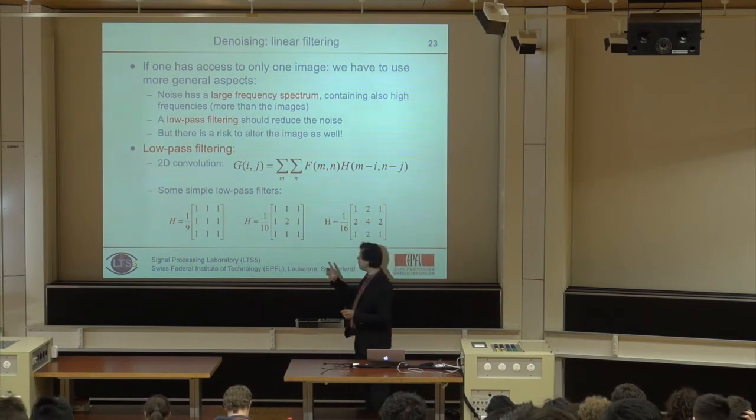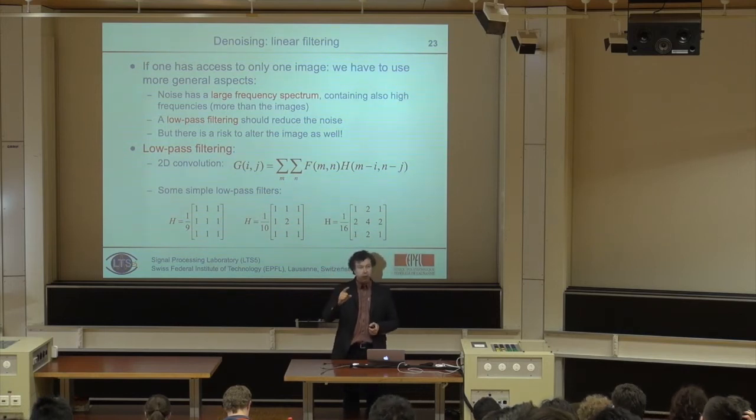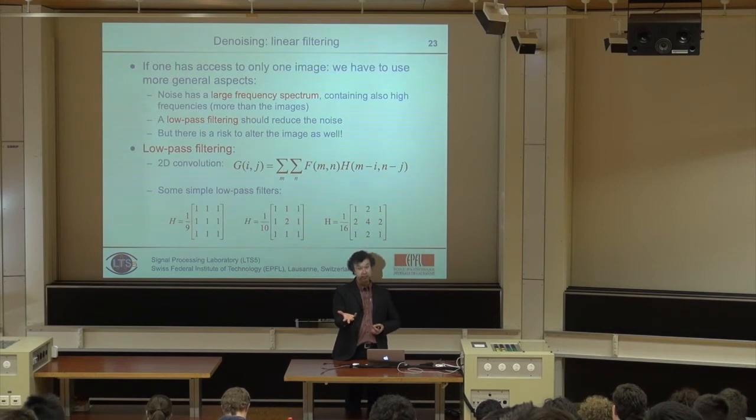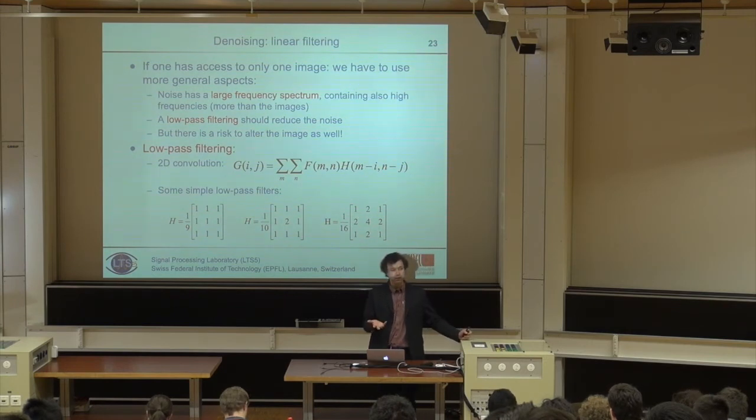So doing a low-pass filtering, which means removing the high frequencies, will remove everything at high frequencies, but statistically, on average, you will remove more of the noise than of the image, because you will have more noise in the high frequencies than image content in the high frequencies. So the wrong answer would be, the noise is high frequency. No, the noise generally has a whole spectrum of frequencies.